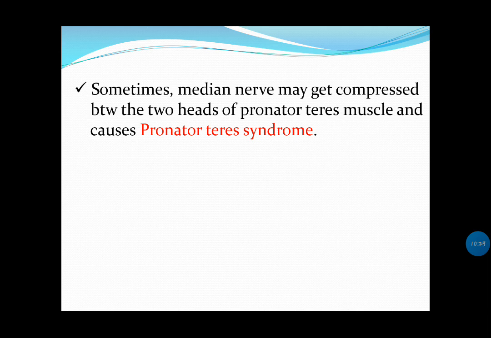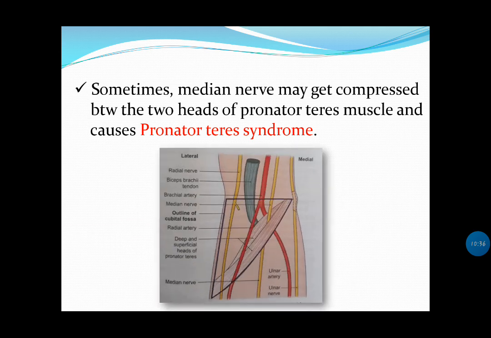So due to this swelling, this may sometimes compress the median nerve, and that leads to pronator teres syndrome. So here we can see that the median nerve passes between the two heads. When they get swollen, obviously it will compress the median nerve, and due to this compression, this syndrome occurs, and it is called pronator teres syndrome. So this is about the applied aspect.